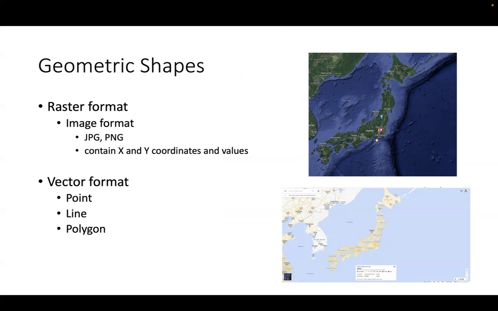Now, the key question that comes to mind is how do we represent the map? To represent the map, we have two formats. The first format is called raster format. Raster format is nothing but a photograph, like a JPEG file. Whenever we take a photo, we create JPEG files, right?